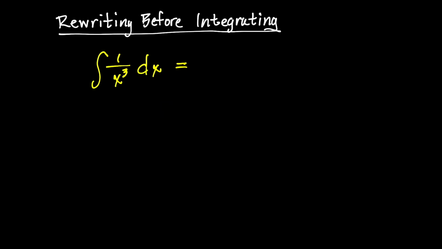Occasionally, or a lot of times actually, we would have to rewrite an expression in order to use our power rule. Well, when we use what I call the reverse power rule, sometimes we'll have to rearrange this. So I'm going to rewrite that as x to the negative 3 dx. When I go to take the antiderivative of this, I know the result's going to have an x to the negative 2.